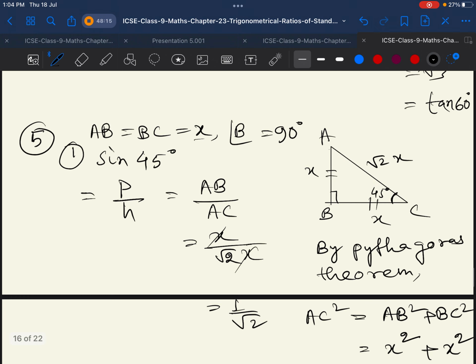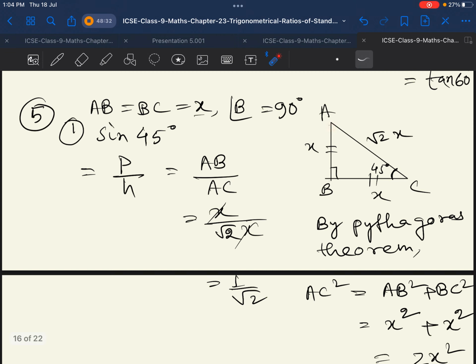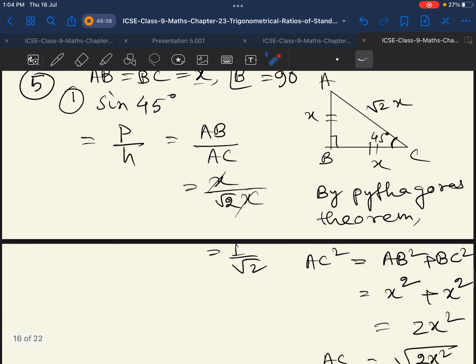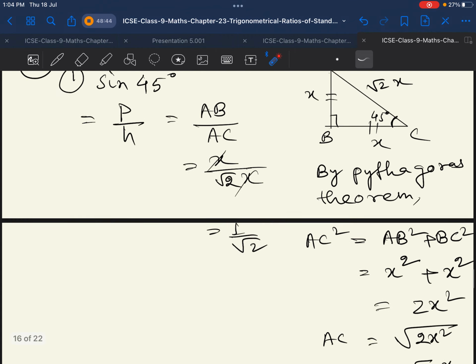So first, you see the given condition: AB and BC are equal, each is x. This is an isosceles right angle triangle, and angle B is a right angle. Now we have to calculate the value of AC, the hypotenuse. We already know the perpendicular AB is x, so we have to calculate AC.